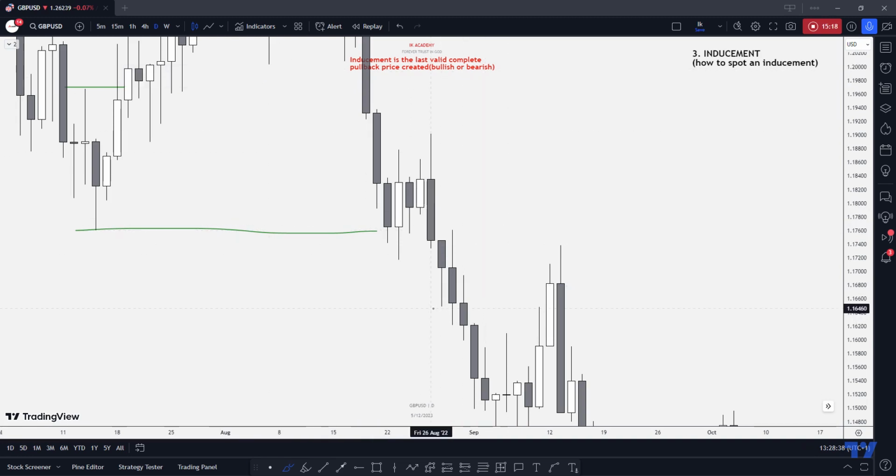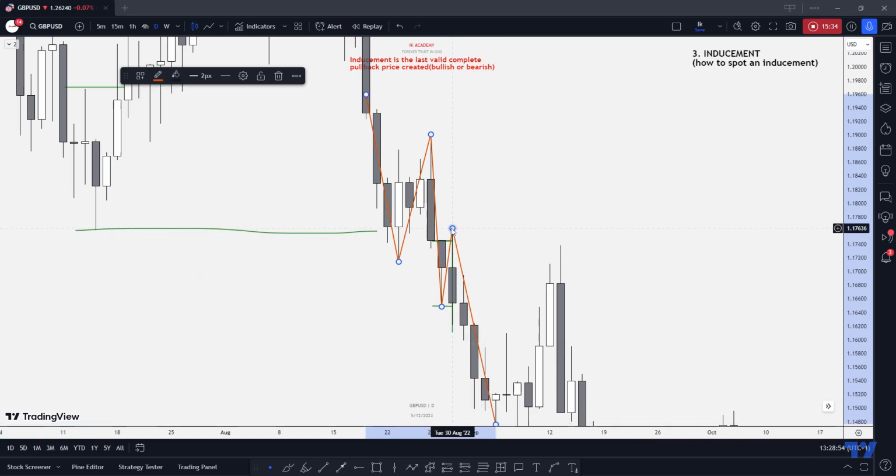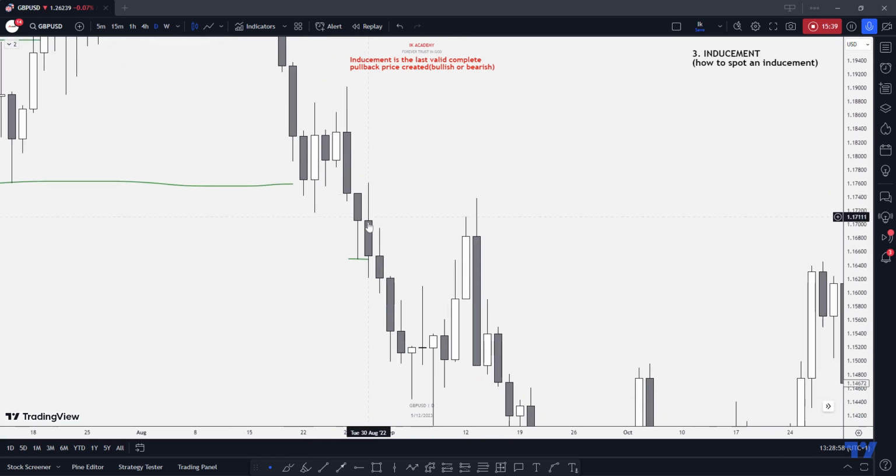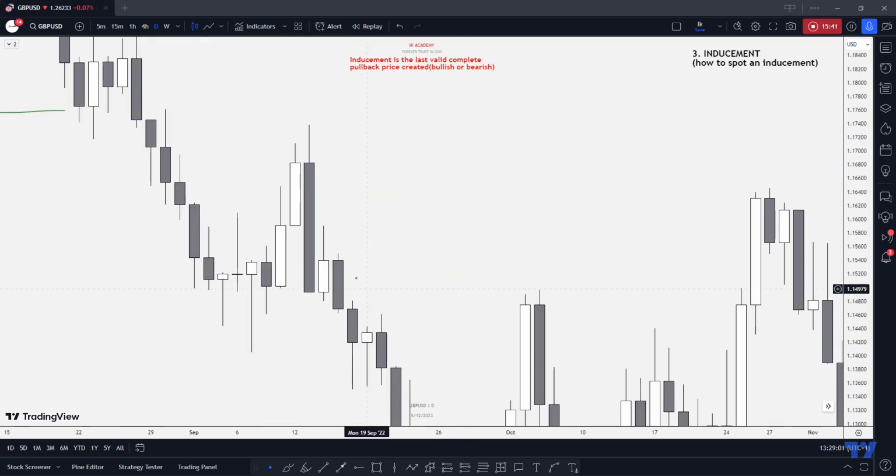You can clearly see that this is a low and this is the high, and just one single candle took that high out and continued to the downside. So basically price came like this, like this, and continued to the downside. So that's a valid, beautiful pullback. You need to understand that. Just follow the concept and you're good to go. So we have this pullback here, we have this down.